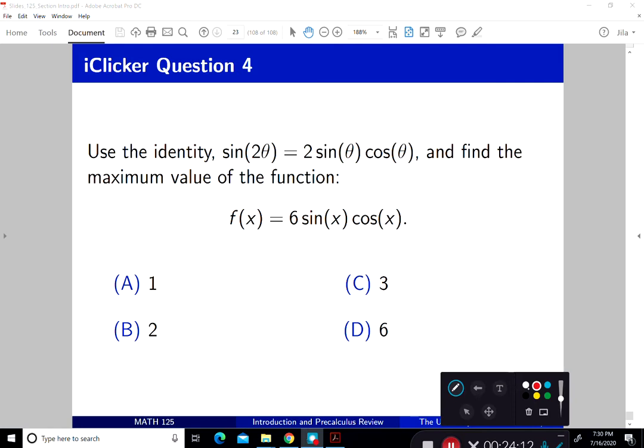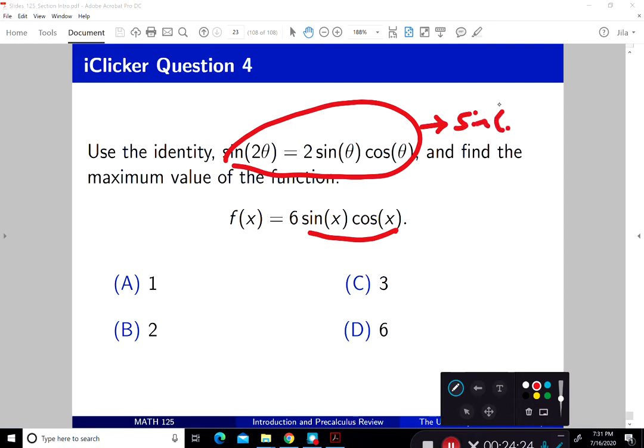So I am trying to use this identity, and over here I see I have a sine of x cosine of x. Look over there, I can write sine theta cosine theta as 1/2 of sine 2 theta.